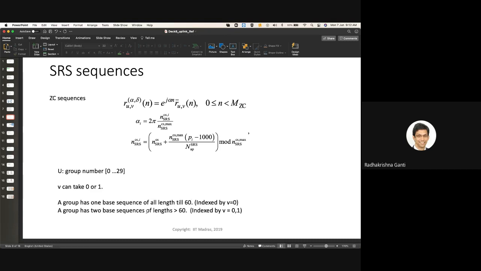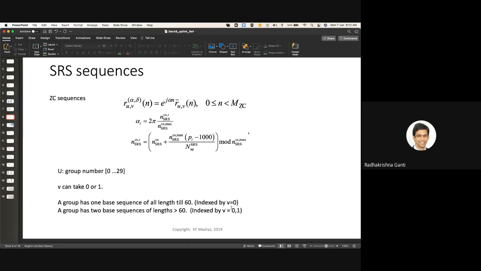It has two base sequences for lengths greater than 60, up to some maximum number I don't remember, which is a very large number. So if you are choosing a sequence of length less than 60, there's only one base sequence in a particular group, and there are 30 such groups. Each group has two base sequences if the length is greater than 60.